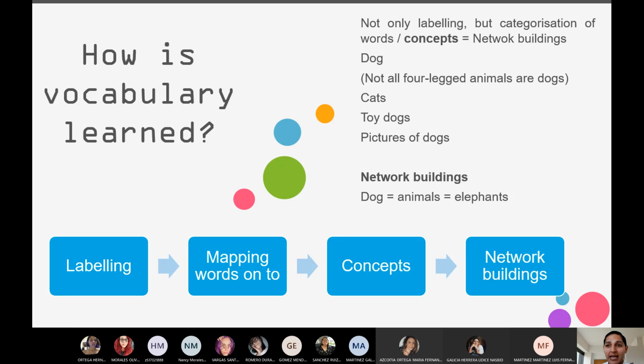I can divide the animals and find eatable animals, or wild cats, or small cats, or white cats and black cats, or different kinds of cats. So these network buildings start at the very beginning with acquisition of vocabulary, but they keep on working with L2 learning.